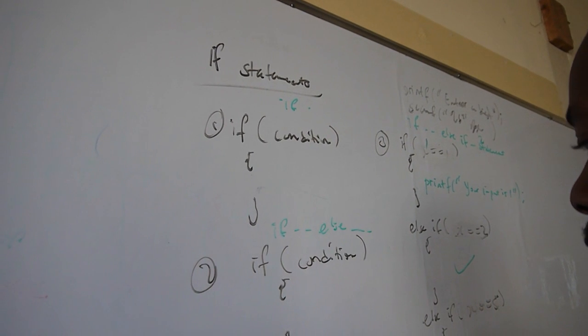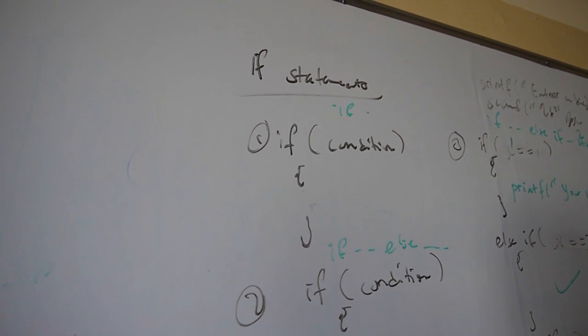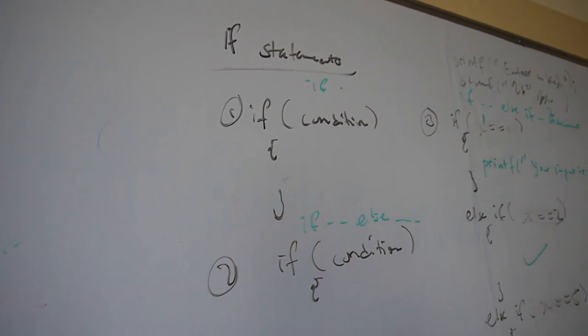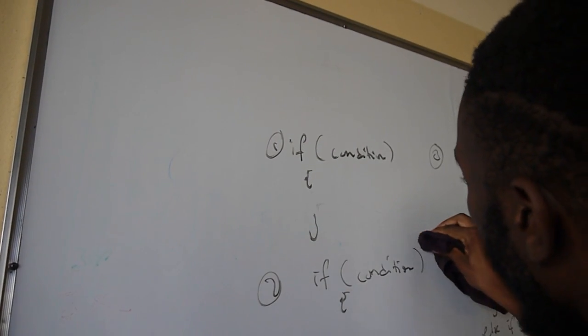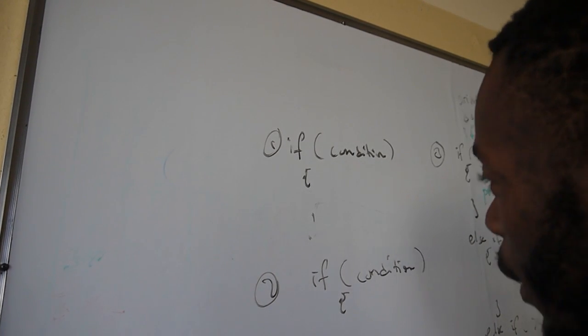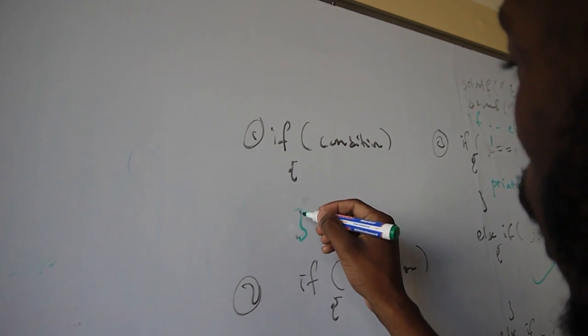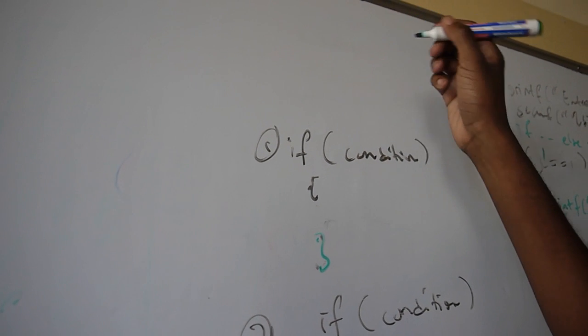Let's say there's a program that says write a program that can prompt a user to enter age and determine if the user is less than 18.